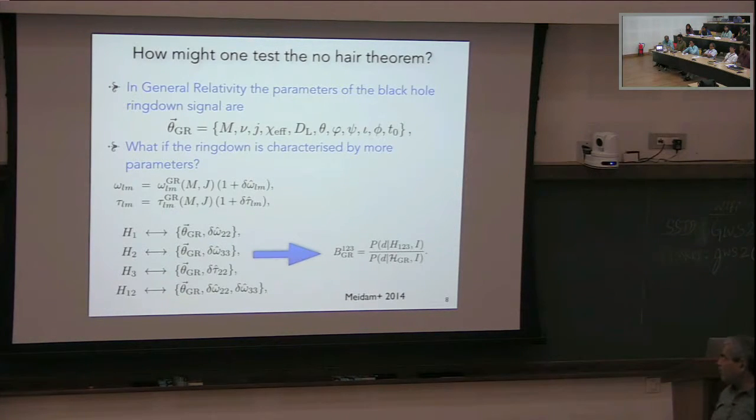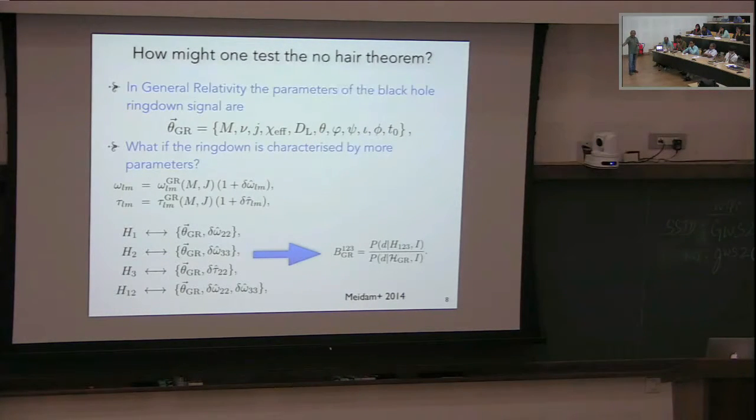The one that we considered in this paper had 3 proposals. Remember, I was talking about model selection. Your model could be that the parameters contain those in general relativity plus delta omega 2. Or it could be GR and delta omega 3. Or it could be GR and delta tau 2 separately.